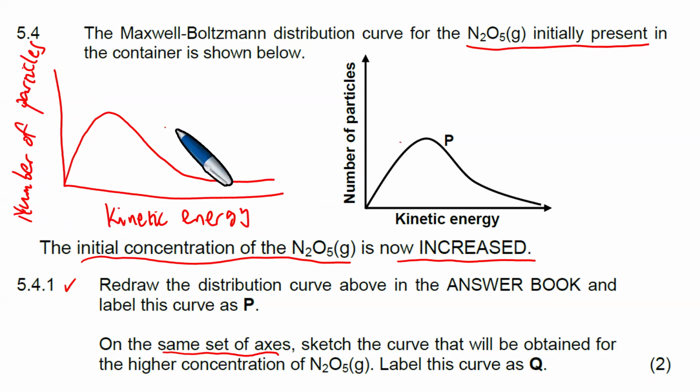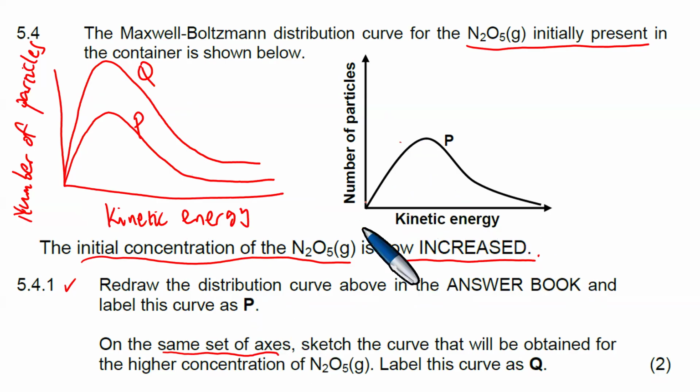So draw this one, P. Now, the concentration is then increased. So if you increase the concentration, you increase the number of the particles. And this curve is going to be curve what? Curve Q.